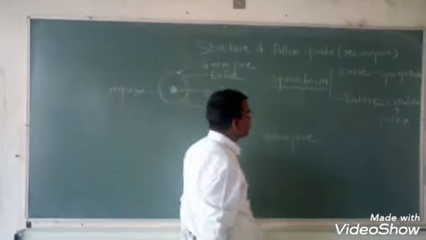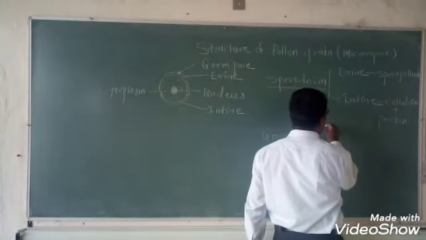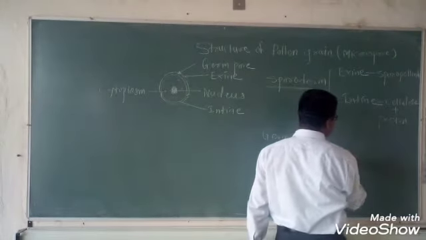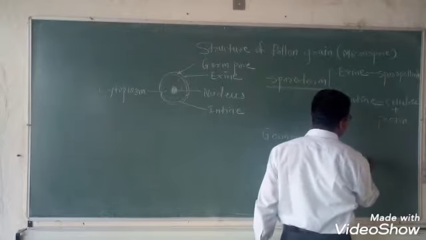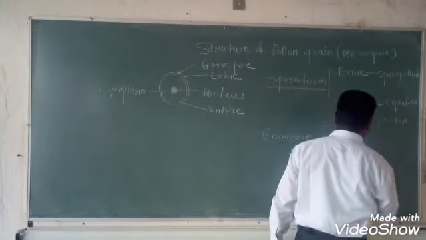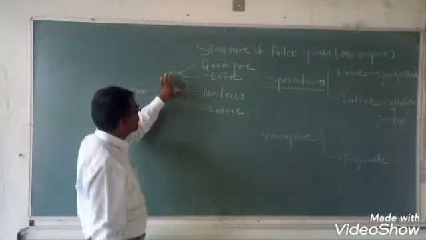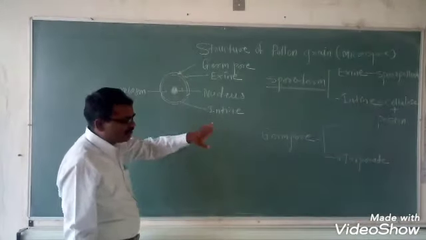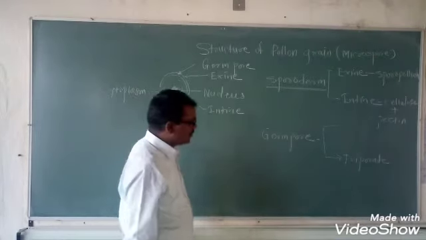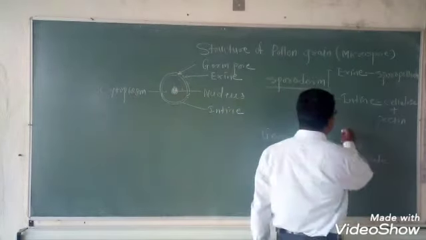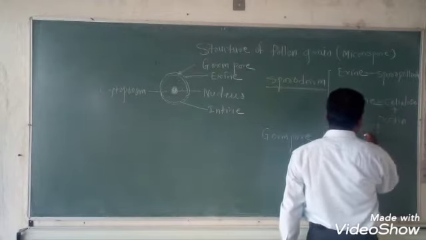If there are three germ pores, that condition is called triporate condition. If there is only one germ pore instead of three, this condition is called monoporate condition.